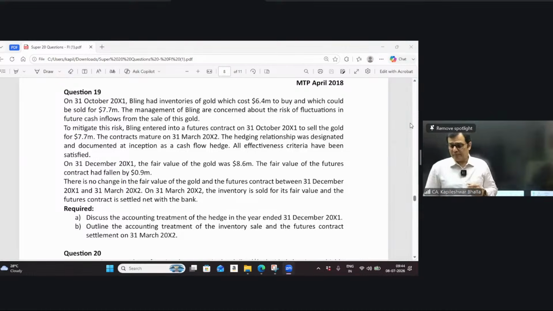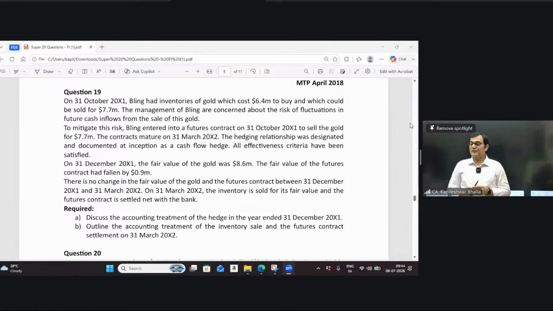Now, I am given, it says on 31st October X1, the company had inventories of gold which cost 6.4 million to buy and which can be sold at 7.7 million. So that becomes the cost and that becomes 7.7, the fair value.